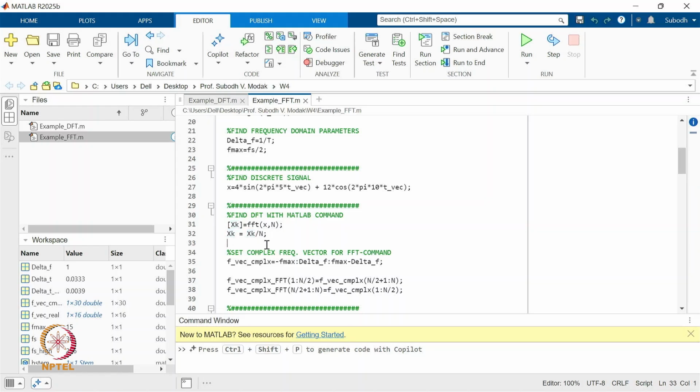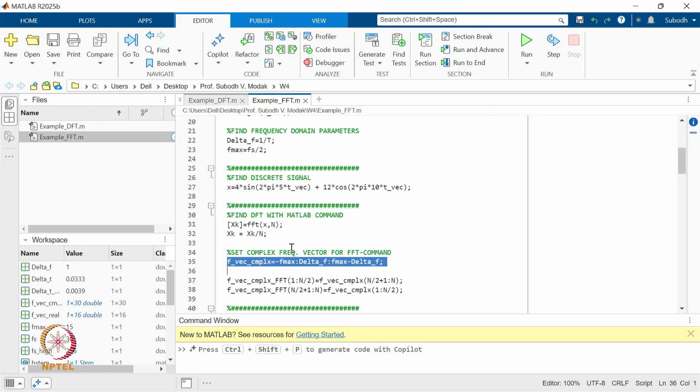Now after this, we had developed the vector of complex frequencies, but there is one difference between the MATLAB FFT command and the code we had written. Our code's frequency components started from the negative side and went up to the positive side, but what output does MATLAB's FFT command give?